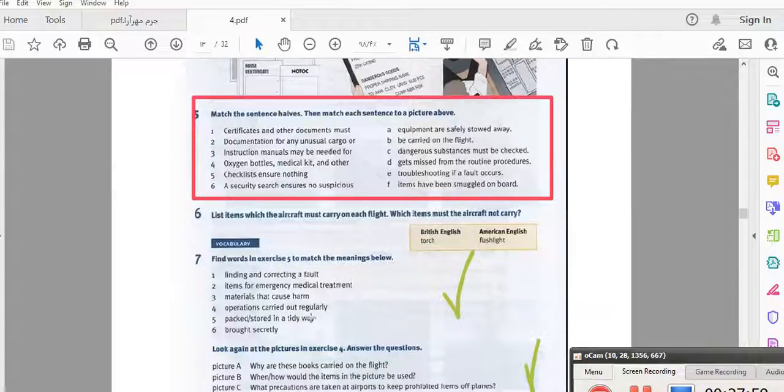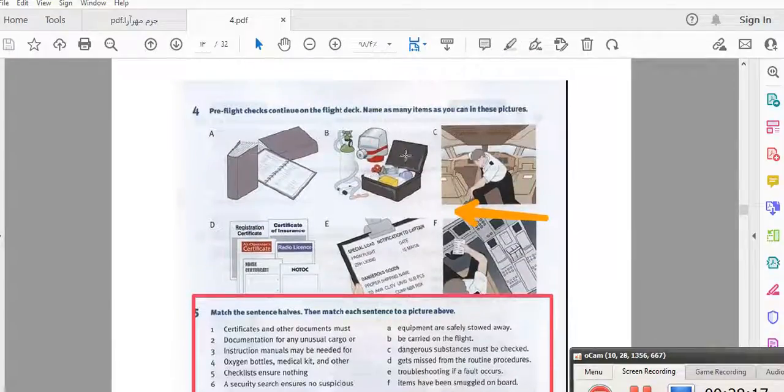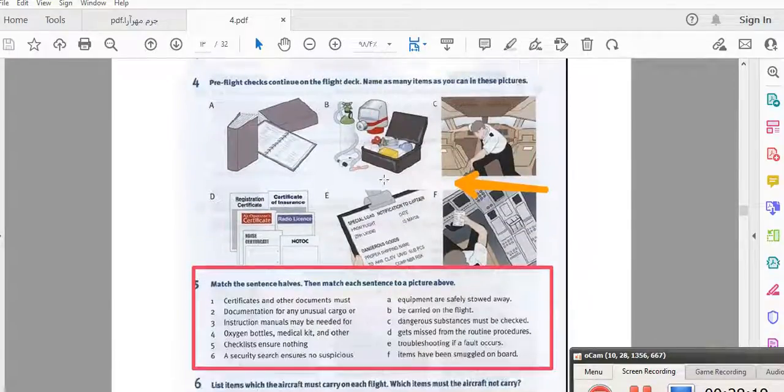Operations carried out regularly: routine procedures. The activities that you do regularly, the routine procedures. Packed, stored in a tidy way: stowed away. When you stow something, you see, I told you in this picture they are not stowed safely.